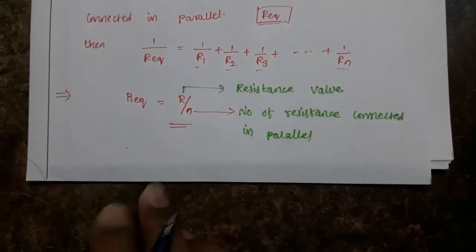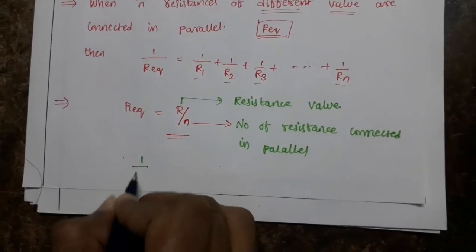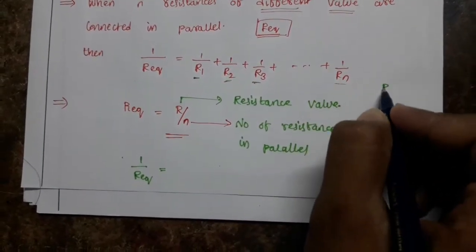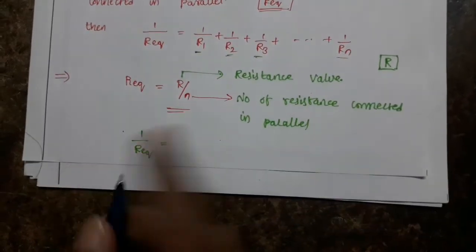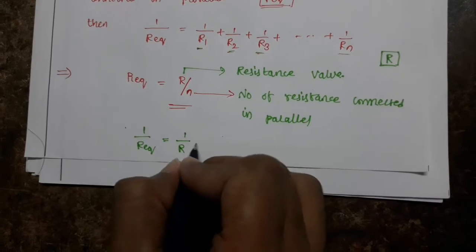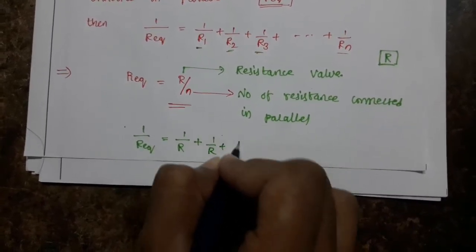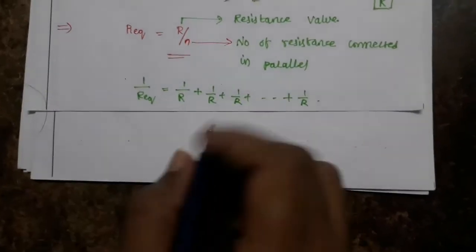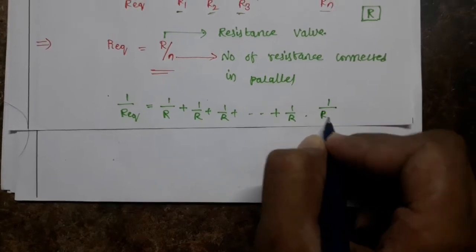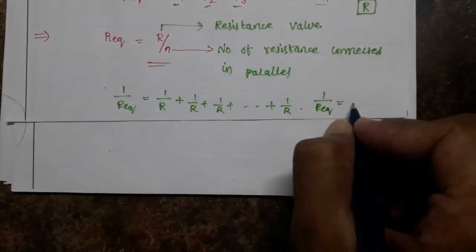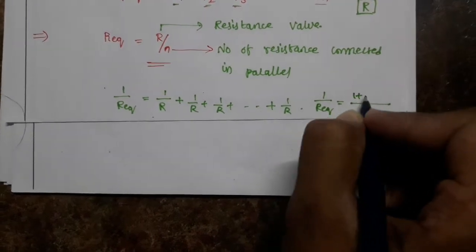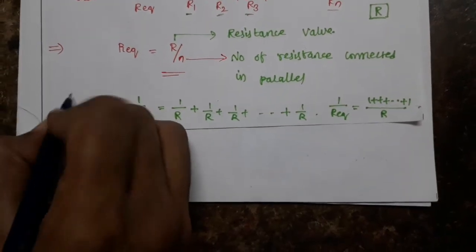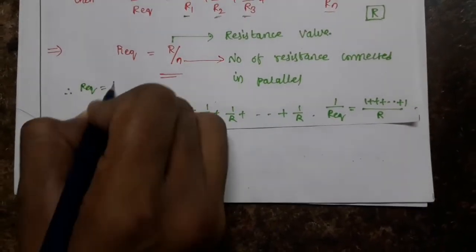This is because we know 1 by R equivalent equals, taking R1, R2, R3 and so on to Rn equal to R value, 1 by R plus 1 by R plus 1 by R plus so on plus 1 by R. Therefore 1 by R equivalent equals, taking LCM R, 1 plus 1 plus so on plus 1. So you will get the overall R equivalent equal to R by N.